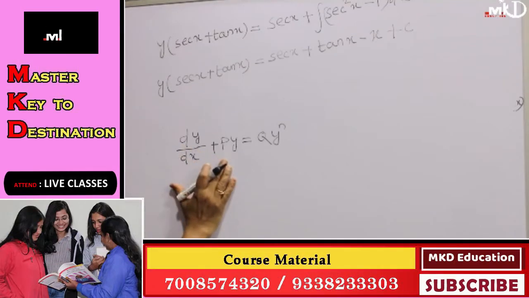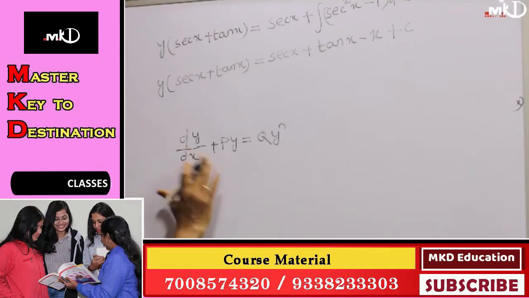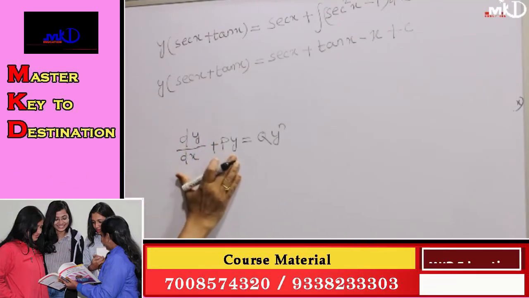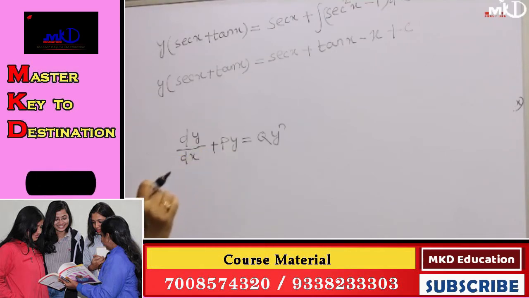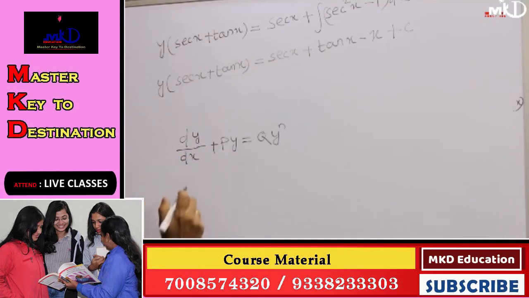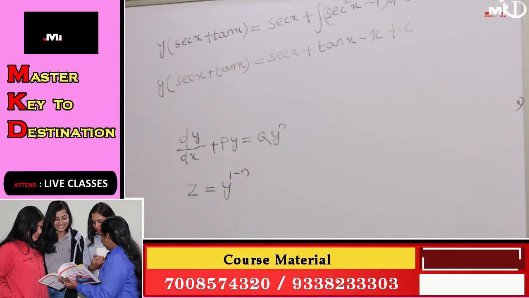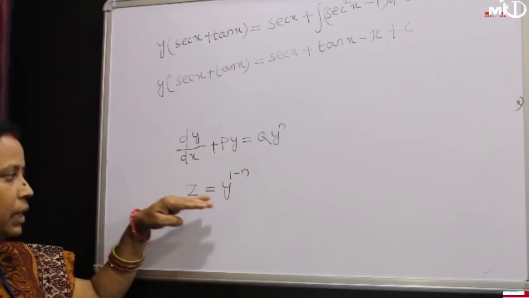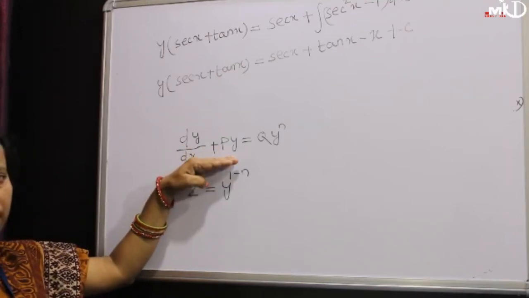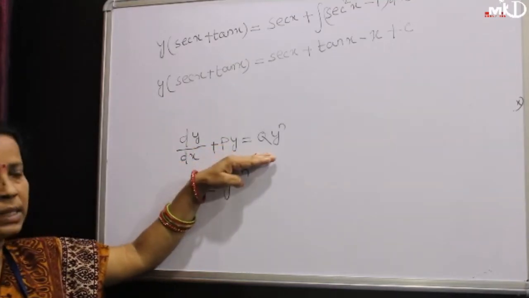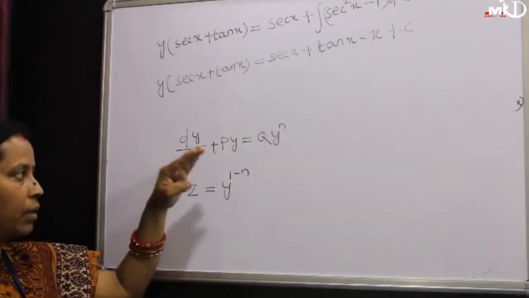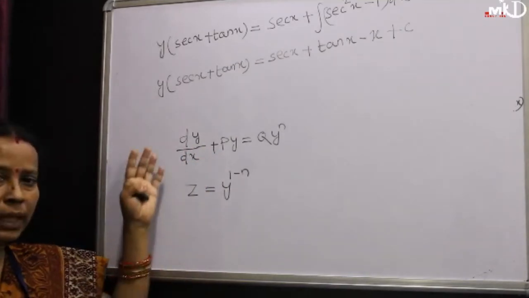So whenever we find a Bernoulli equation, first we reduce it to a linear differential equation by substituting z is equal to y to the power 1 minus n. Whenever I substitute this variable in this differential equation, then the Bernoulli equation reduces to our linear differential equation, then we solve the linear.